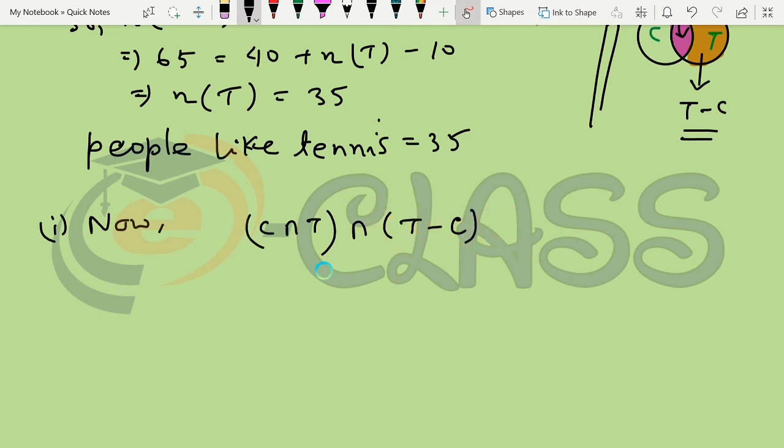So the intersection of C intersection T and T minus C is phi, because there is no common element.